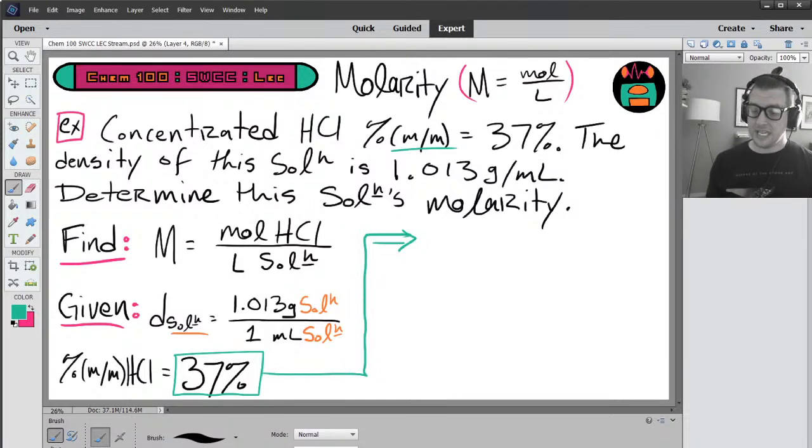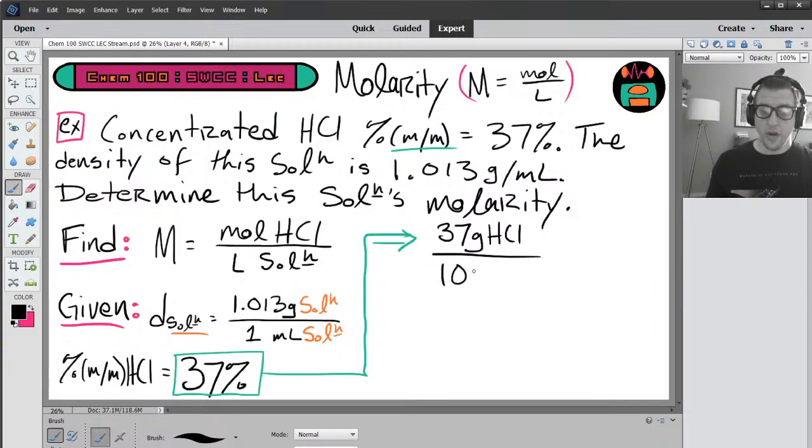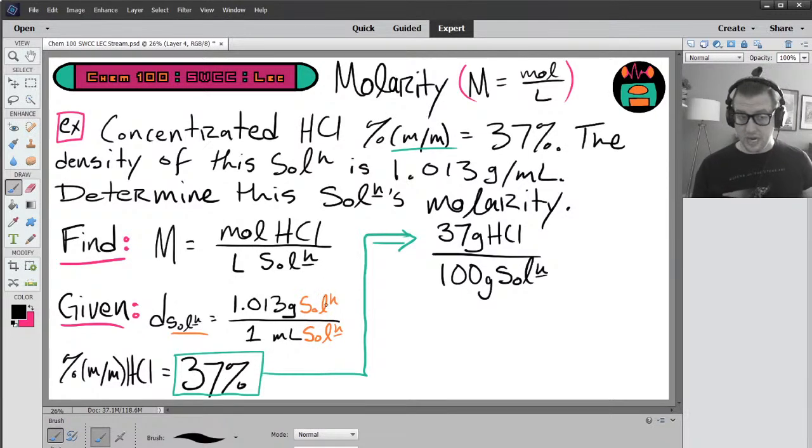That 37% by mass means that you have 37 grams of HCl in 100 grams of solution. All right, that is what that 37% means. In 100 grams of solution, 37 of those grams are HCl.